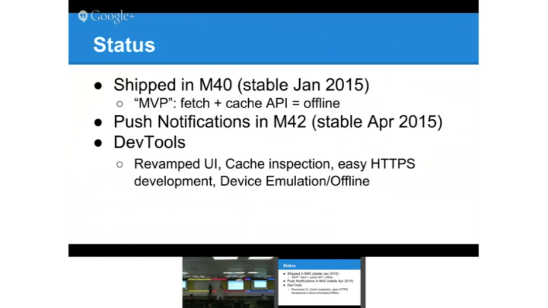And as an HTTPS-only feature, it's hard for developers to develop locally if they have a complicated server that they need to set up. They need an easy way to get around the HTTPS restriction for local development, and we're working on that. And yeah, a lot of things were needed to get this to be appetizing to develop on.